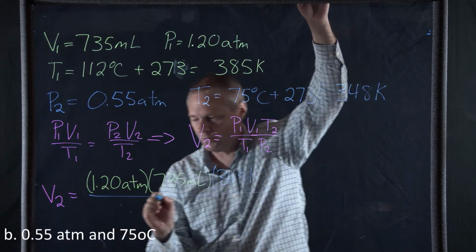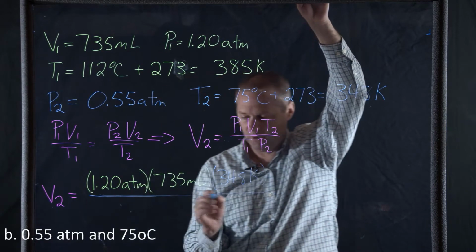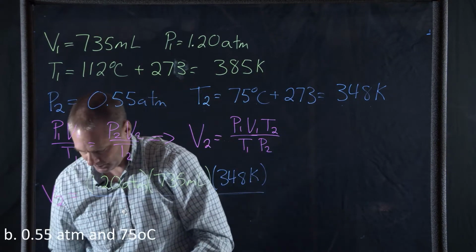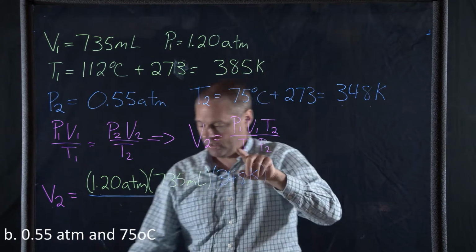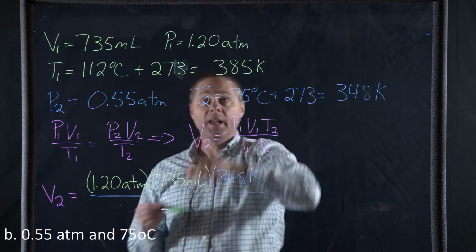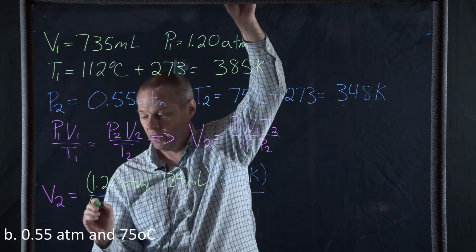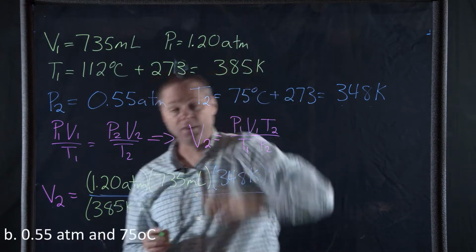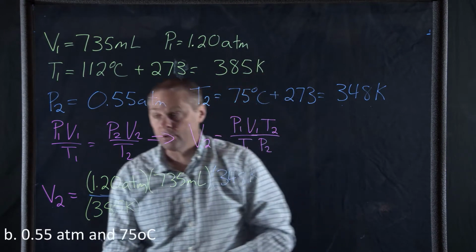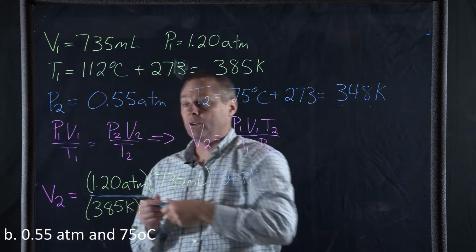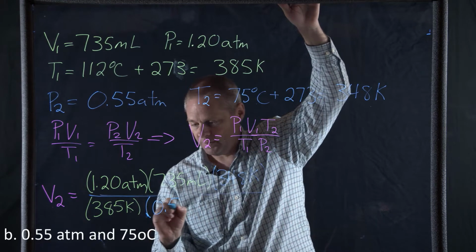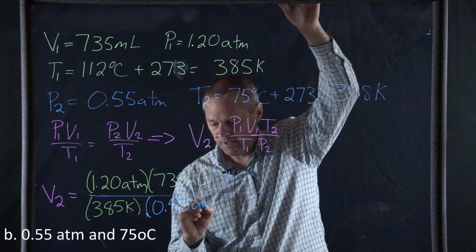Oops, my marker is running a little low, I think. All right, grab a different one. T1 is still going to be our 385 Kelvin. And now our P2 is going to be 0.55 atmospheres.